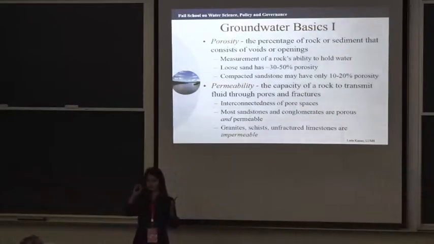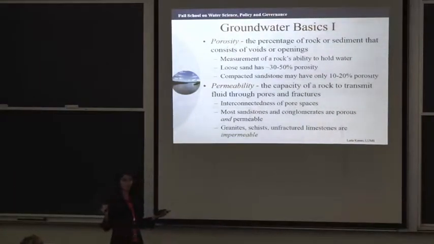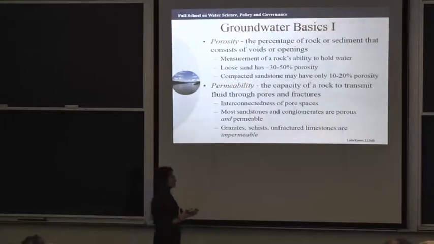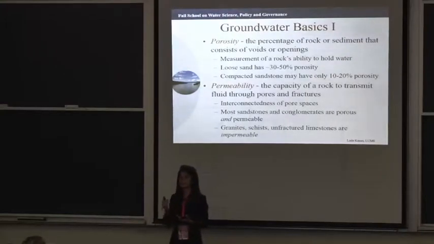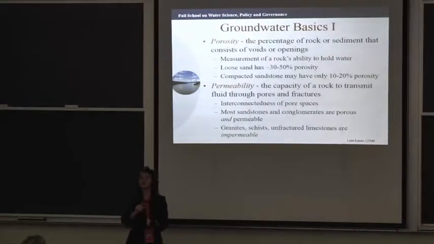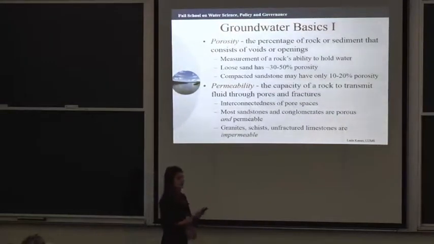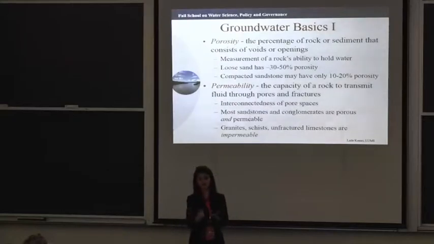Soil has a lot of space between it, it's very porous, right? A pumice rock has a lot of spaces. Porosity determines the ability to store water, not necessarily the ability to transmit water. Permeability, on the other hand, is the capacity to transmit that water.